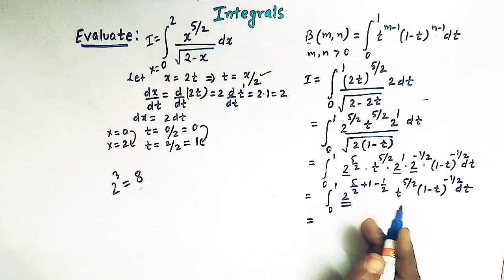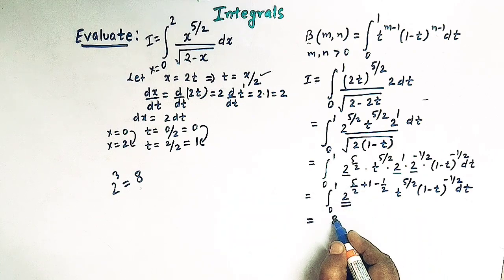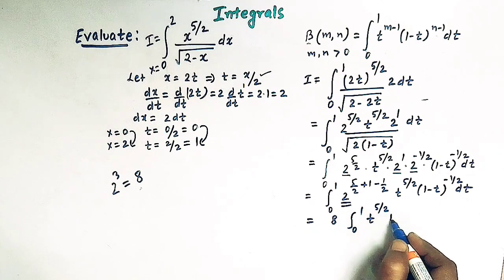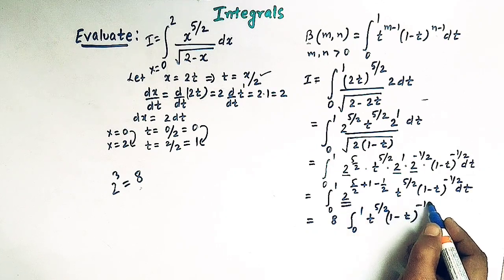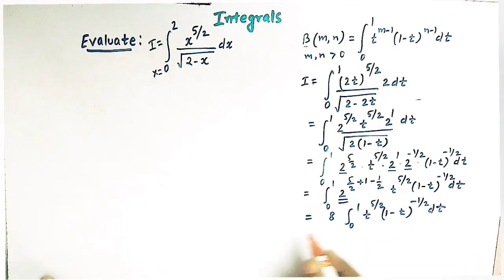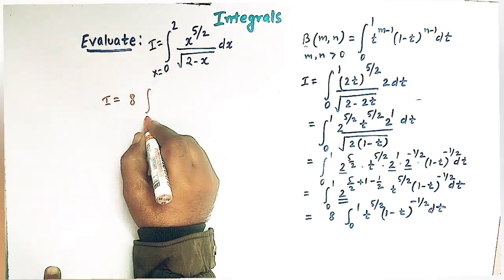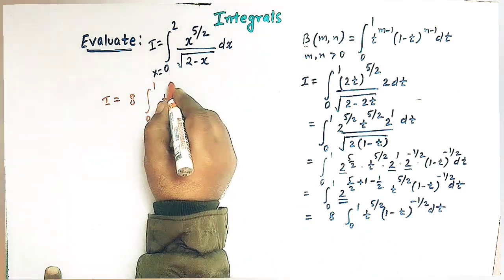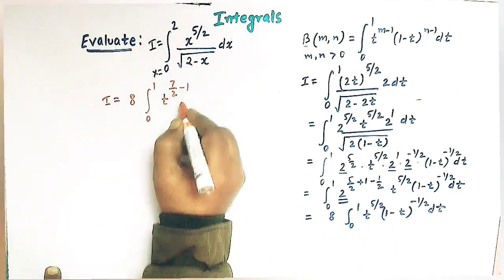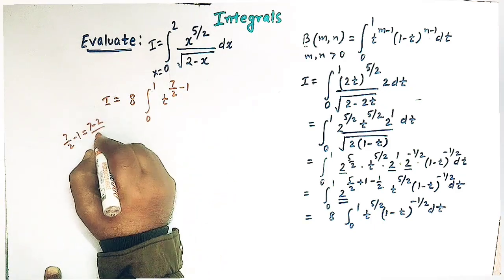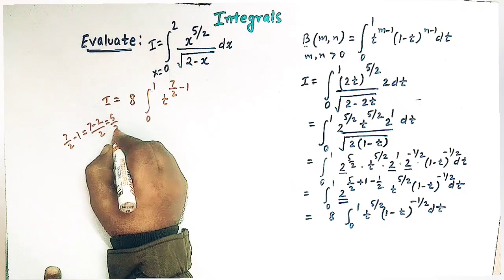And taking 8 outside the integral, we have 8 times the integral from 0 to 1 of t raised to 5 over 2 and (1 minus t) raised to minus half dt. So now let us write I is equal to 8 times the integral from 0 to 1, and t raised to 5 over 2 can be written as t raised to 7 over 2 minus 1, because 7 over 2 minus 1 is equal to (7 minus 2) over 2, that is 5 over 2.